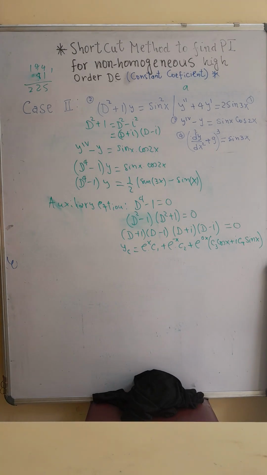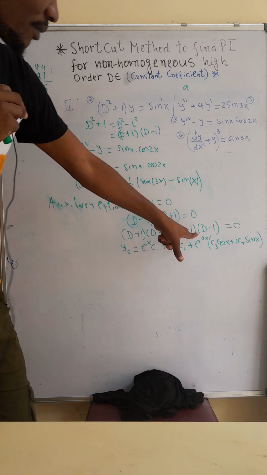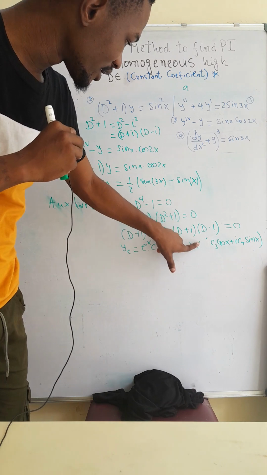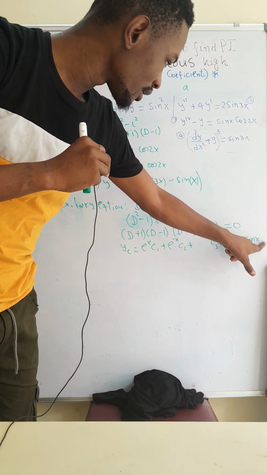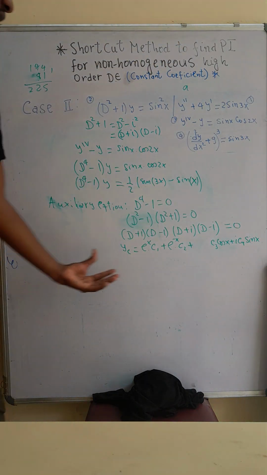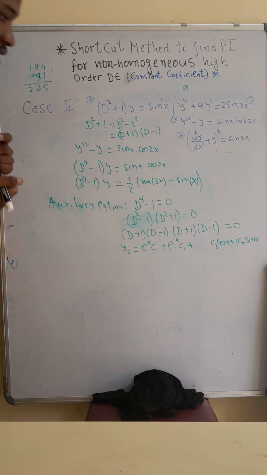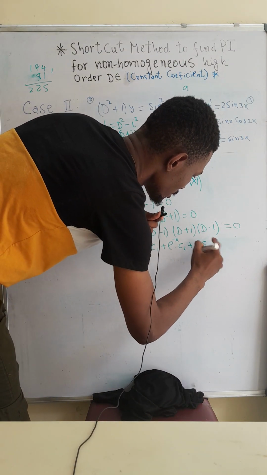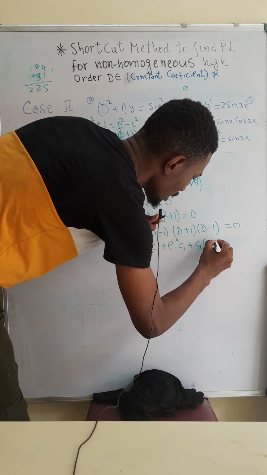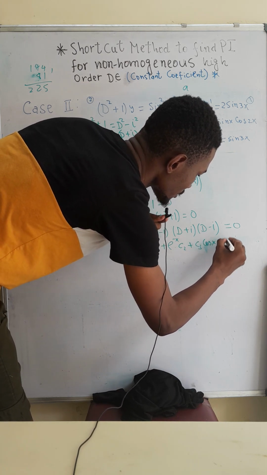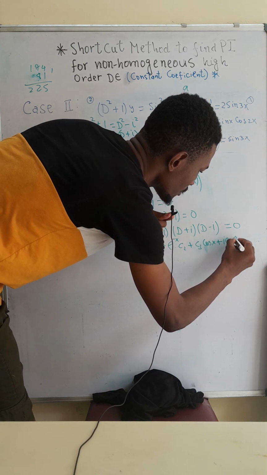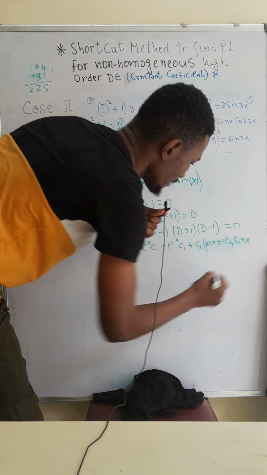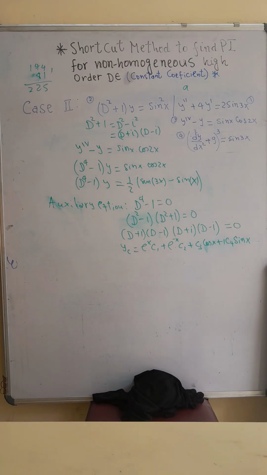Then from there we can see that this will be 0, so no need to write this. This will be 1, so this is the yc: c3 cosine of x plus i c4 sine of x. Okay, this is your yc.